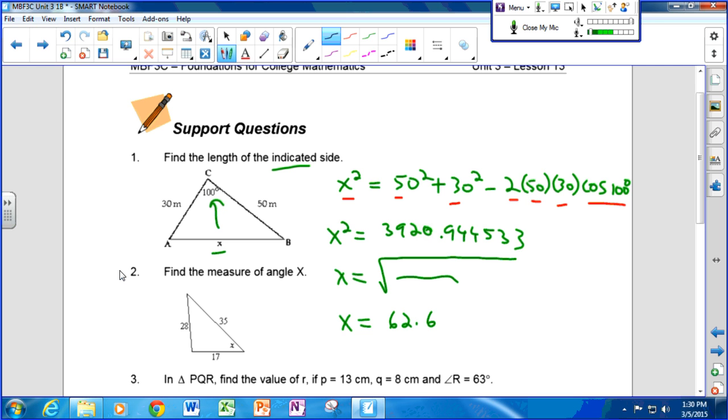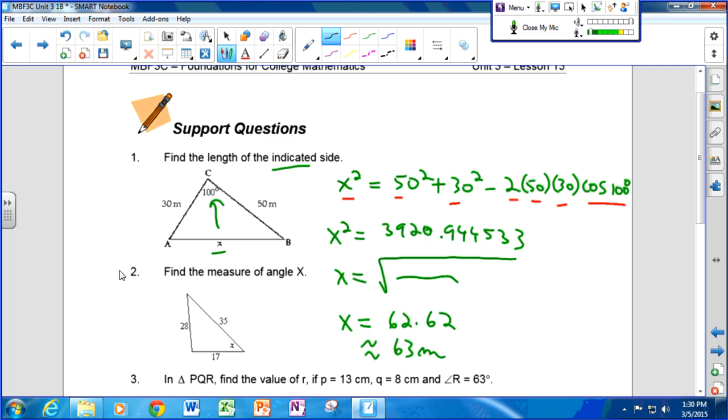That's 62.62 meters, and by rights we should only call it 63 meters, because of the rounding. Okay, so that's it.